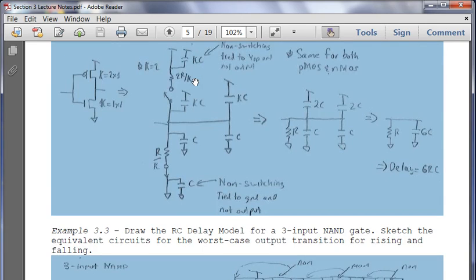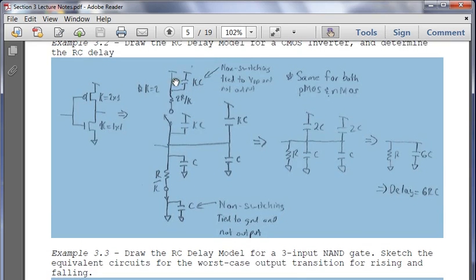Then we're going to start combining these. We have the non-switching output capacitance and this non-switching one here. We don't worry about those. We worry about these two. These are all in parallel, so 2, 4, 5, 6.